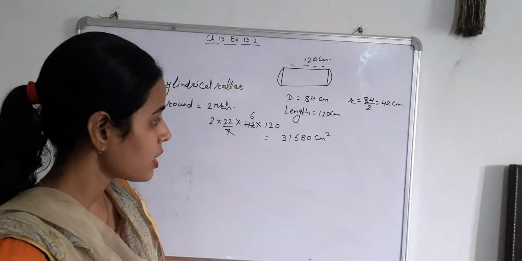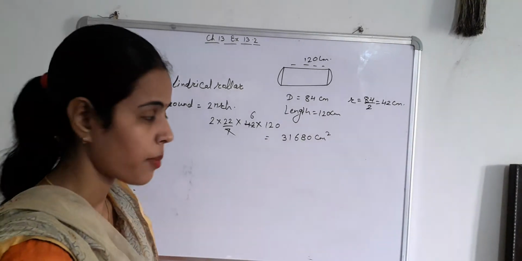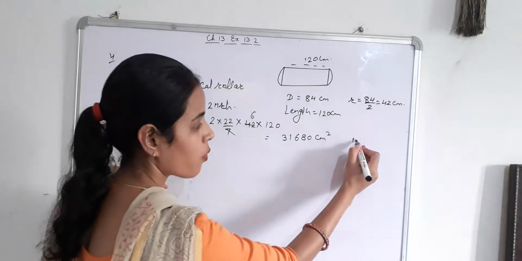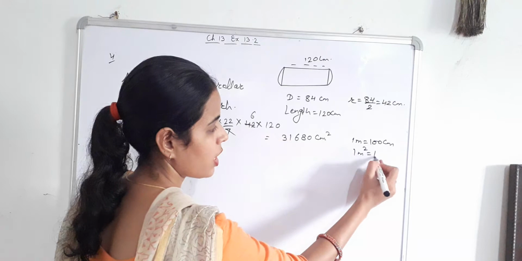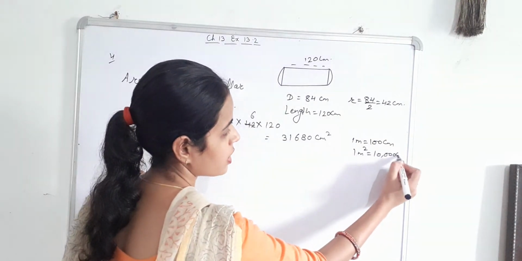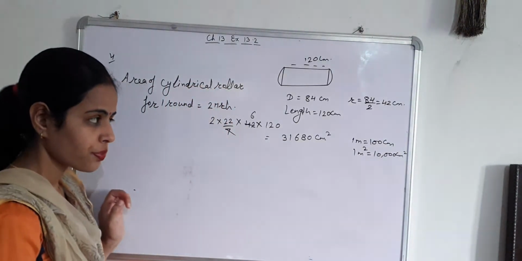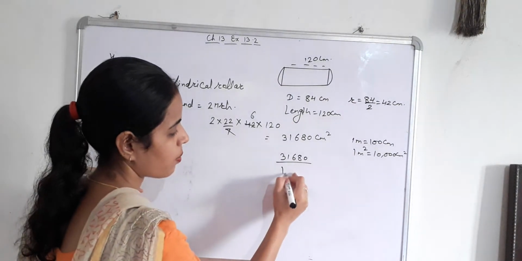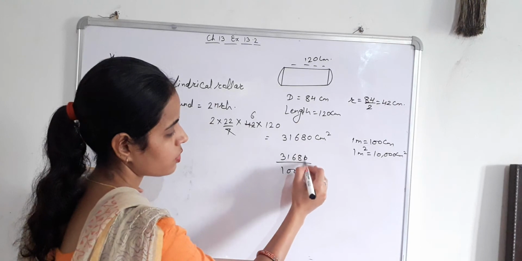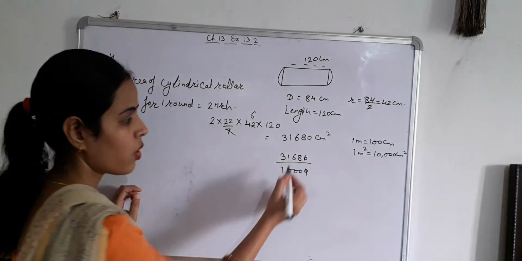But our condition is to find the area of this playground in meter square. So convert this term into meter square. 1 meter equals 100 centimeter, so 1 meter square equals 10,000 centimeter square. So 31,680 upon 10,000. 0 is cancelled by 0.